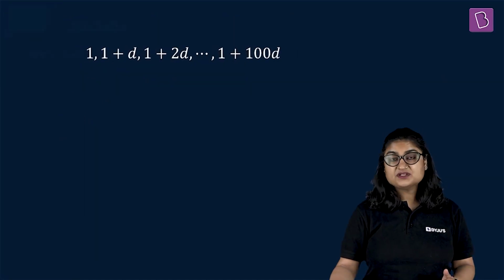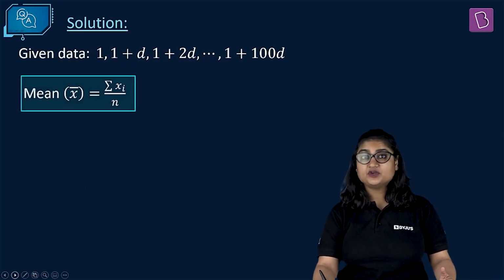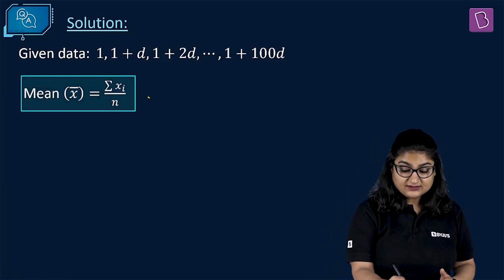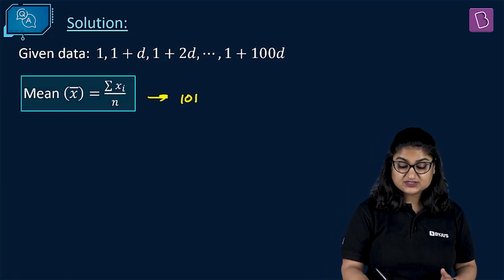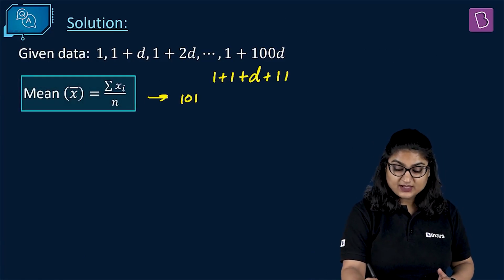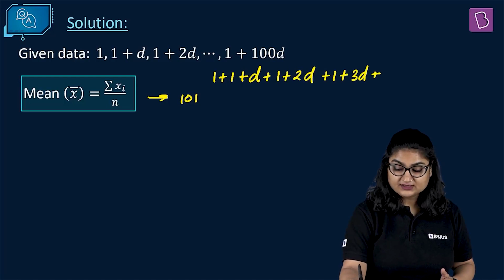So these are the numbers given to us in the question, and we all know that mean is defined as the sum of the observations divided by the number of the observations. We know that there are 101 observations, and their sum would be 1 plus d plus 1 plus 2d plus 1 plus 3d going till 1 plus 100d.